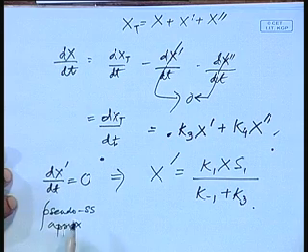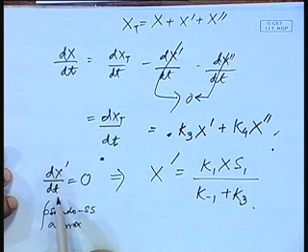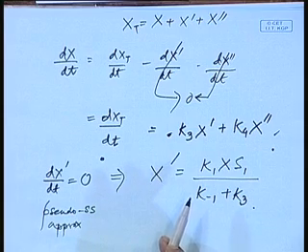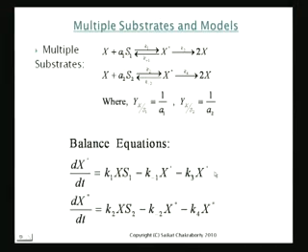If you have a doubt, I'll go back to it here. So look at this: k1 x s1 minus k minus 1 x prime minus k3 x prime. If the left hand side is 0, you can straight away express your x prime as a function of x and s1. Clear to all of you?